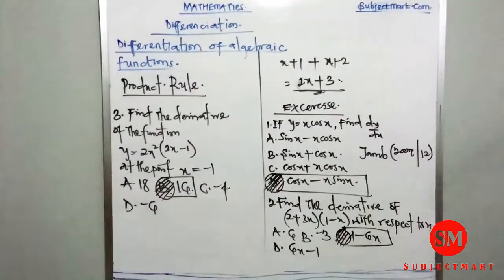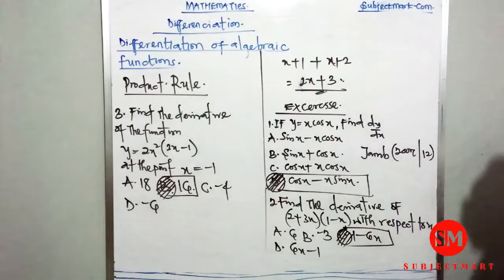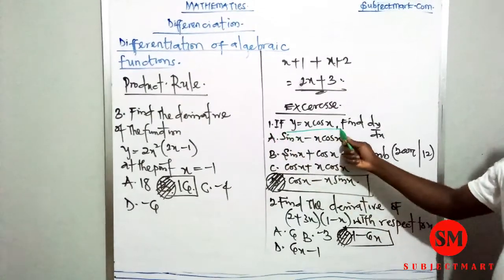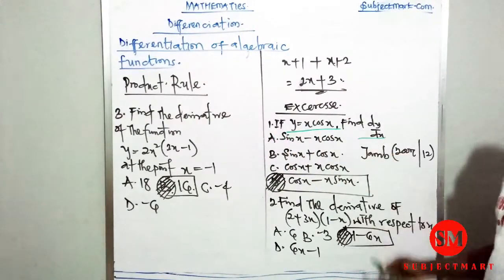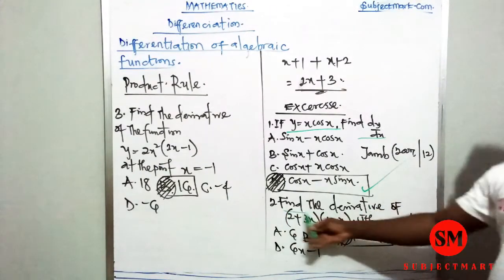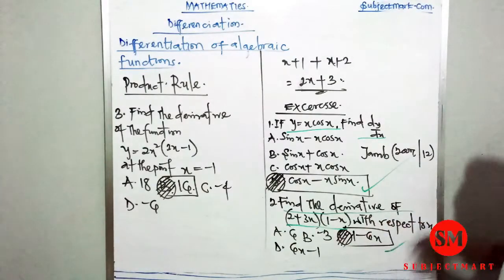So here we have Exercise 3 questions under the product rule. We have this: if y is equal to this, find your dy/dx. We have the options and we have our final answer here. This one says find the derivative of this, and we have our answer here.